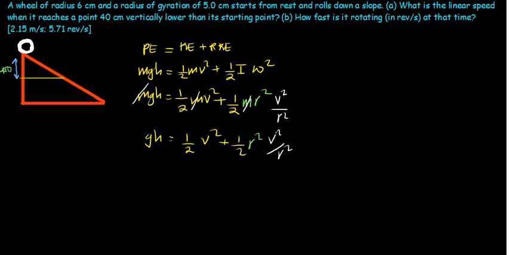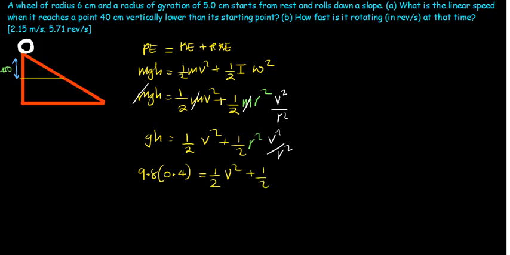So now I'll go on and substitute my values. The g is 9.8. The height, when it has fallen for 40 centimeters, and 40 centimeters is the same as 0.4 meters, divide that by 100. That will be equal to half. We don't know the velocity squared plus half.